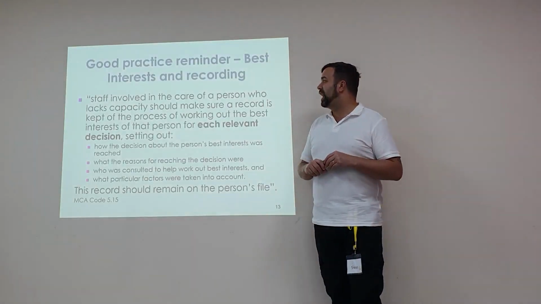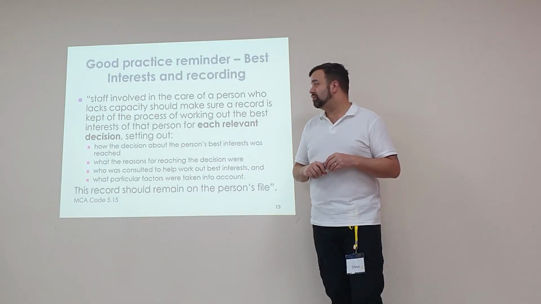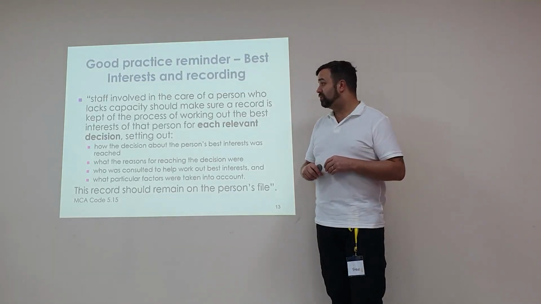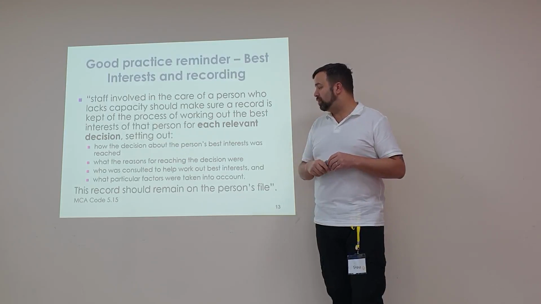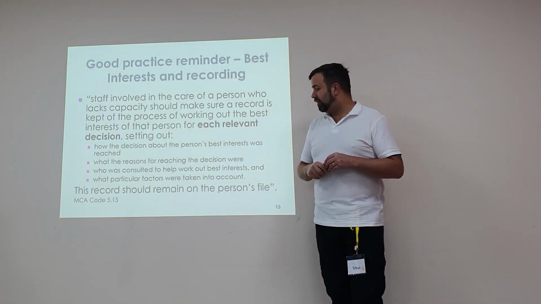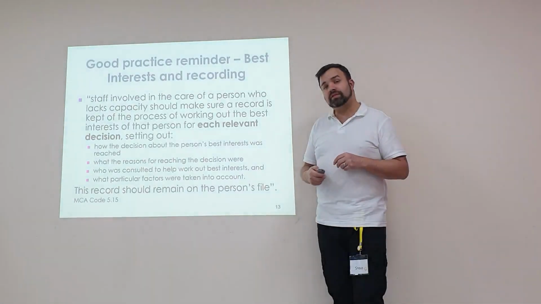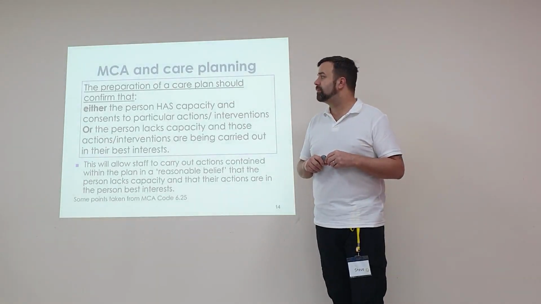Staff involved in the care of a person who lacks capacity should make sure a record is kept of the process of working out how the best interest was reached. For each relevant decision, it should set out how the decision was reached, what the reasons were for reaching it, who was consulted, and what particular factors were taken into account. The record should remain on the person's file and contribute towards the person-centred care plans.